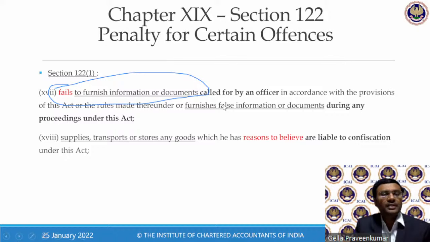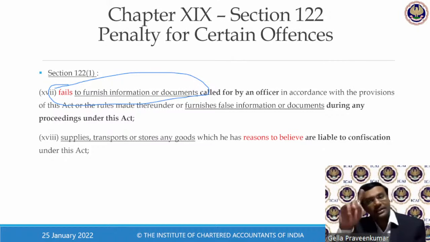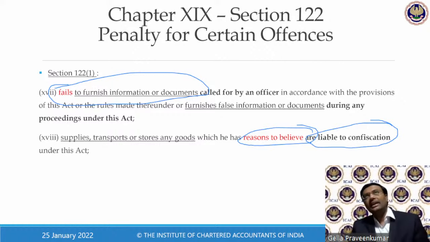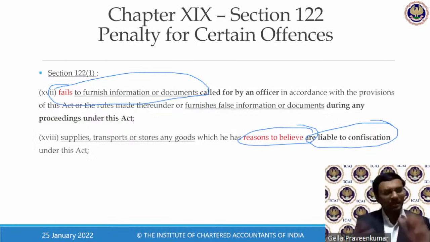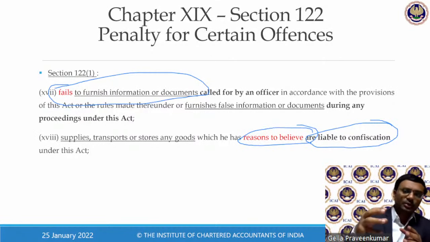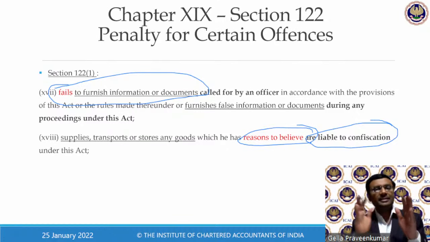Supplies or transports or stores goods which he has reason to believe are liable for confiscation. Now, I'll give an example. I don't want to distract your attention. In most of the movies, it so happens that a person who transports the goods knows very well that this is a punishable offense.